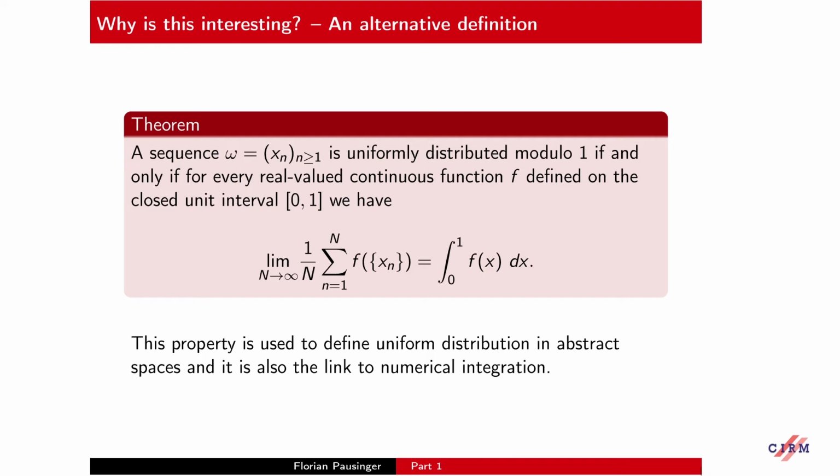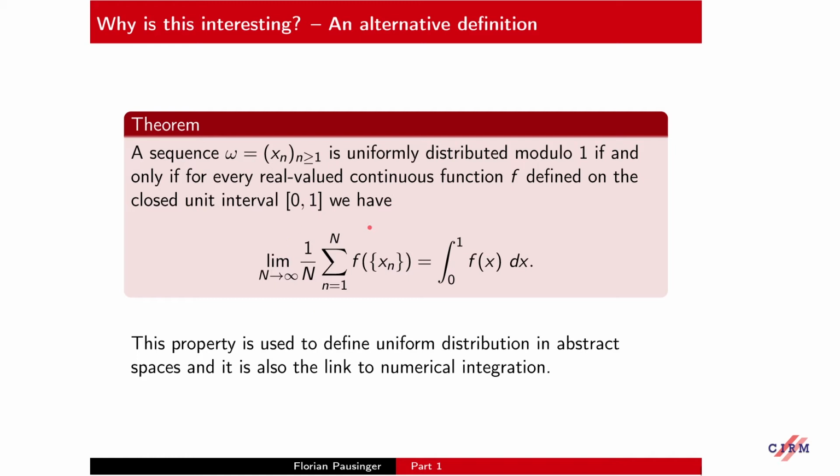And related to that, there is another characterization of uniform distribution, which basically says that the sequence is uniformly distributed modulo 1 if and only if for every real valued continuous function defined on the unit interval, we have this equality here. So we can approximate the integral of this continuous function by a sum of pointwise evaluation of the function.